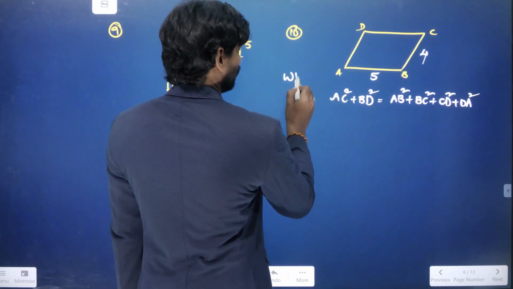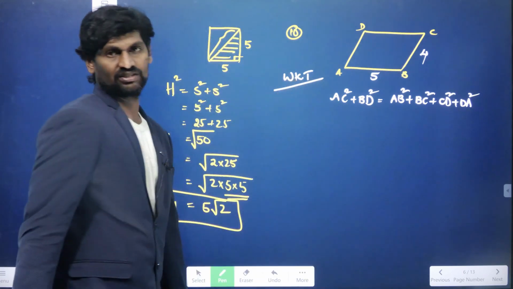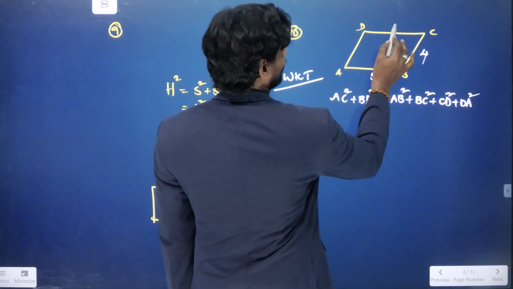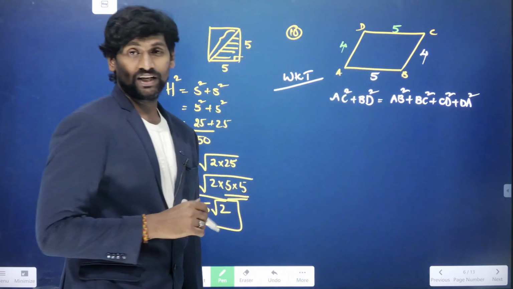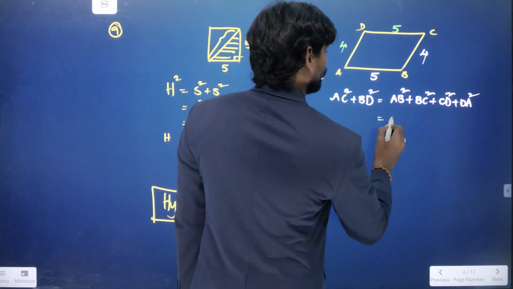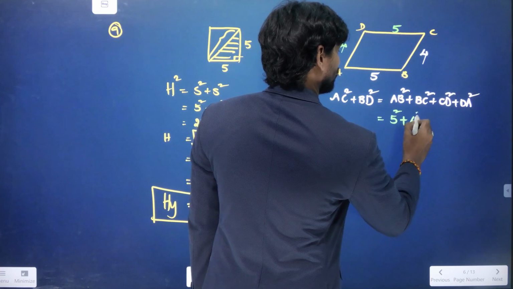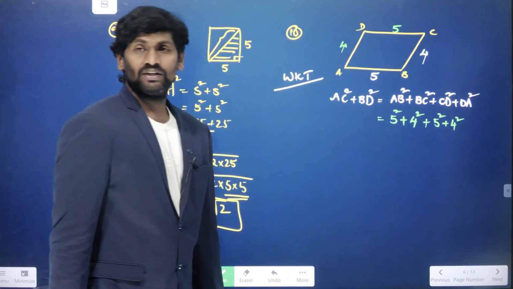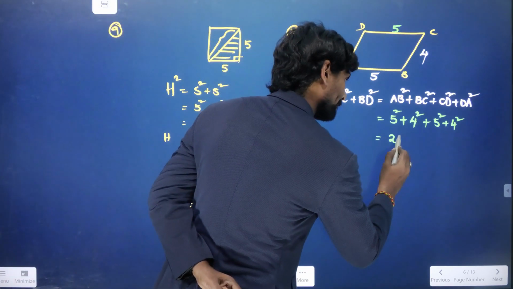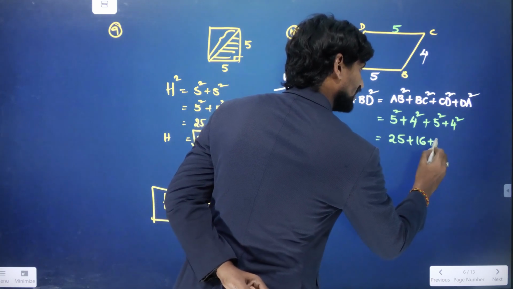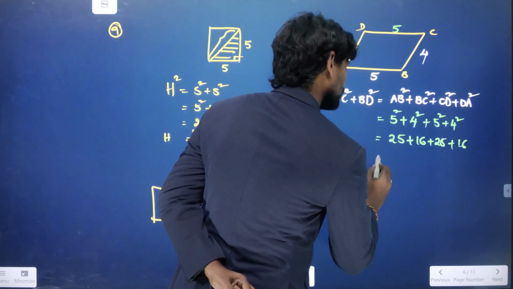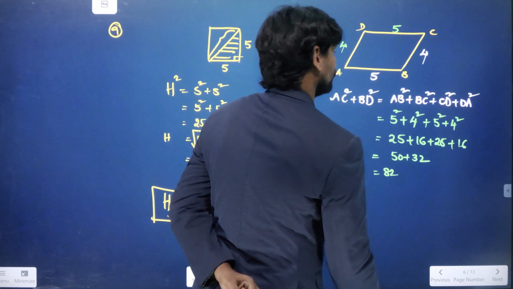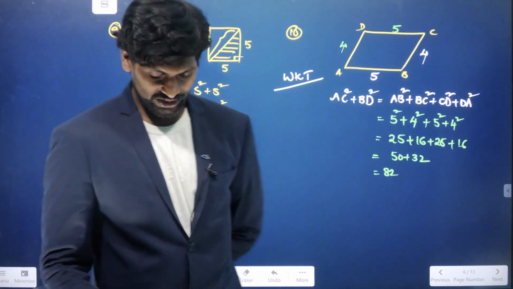Opposite sides are equal in a parallelogram. So AB value 5, 5 square; BC value 4, 4 square; CD value 5 square; DA value 4 square. So 5 square is 25, 4 square is 16, again 25 and 16. So 25 plus 25 is 50 and 16 plus 16 is 32, which is 82. 82 is our required answer.